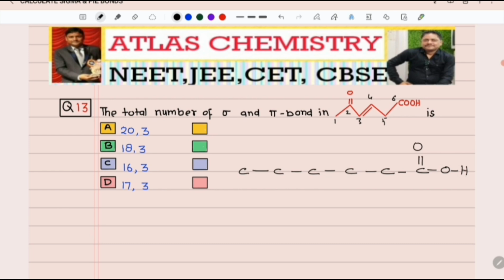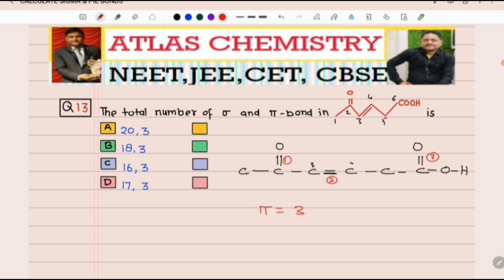And at carbon number 2 there is a double bond to O, and between carbon number 3 and 4 there is a double bond. So total pi bonds: 1 pi bond, 2 pi bonds, and 3 pi bonds. So pi bond is 3, but that is given in all options.